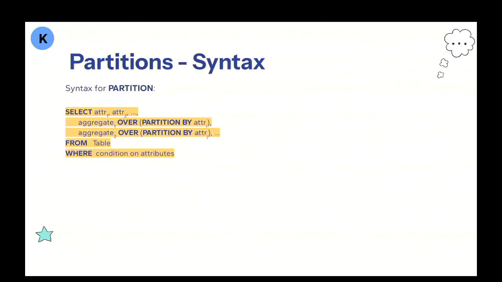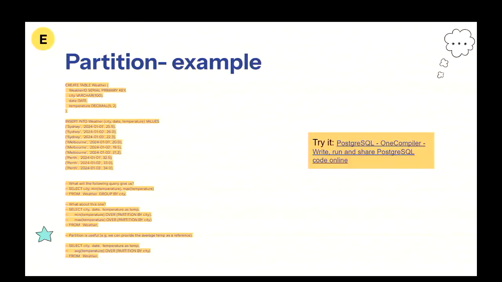This is the syntax of partition by. We can see that it is inside the select clause, and it is applied to individual attributes. Let's show you an example of why we do partition.